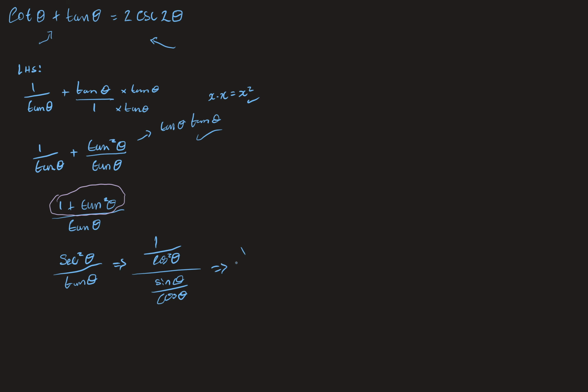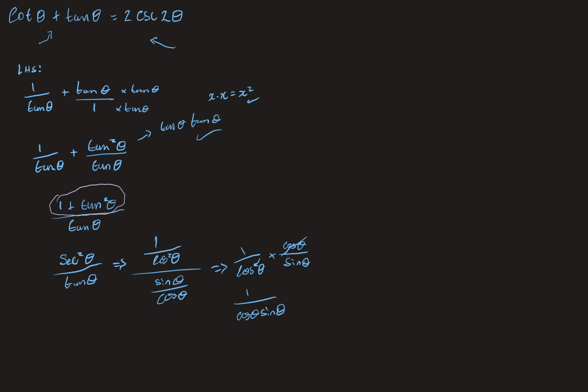When dividing fractions, remember you have to flip and multiply. So you keep the numerator the same, change the sign and flip the denominator, which is cos theta over sine theta. One of the cos theta and one of the cos squared theta cancel out, so we have 1 over cos theta sine theta.